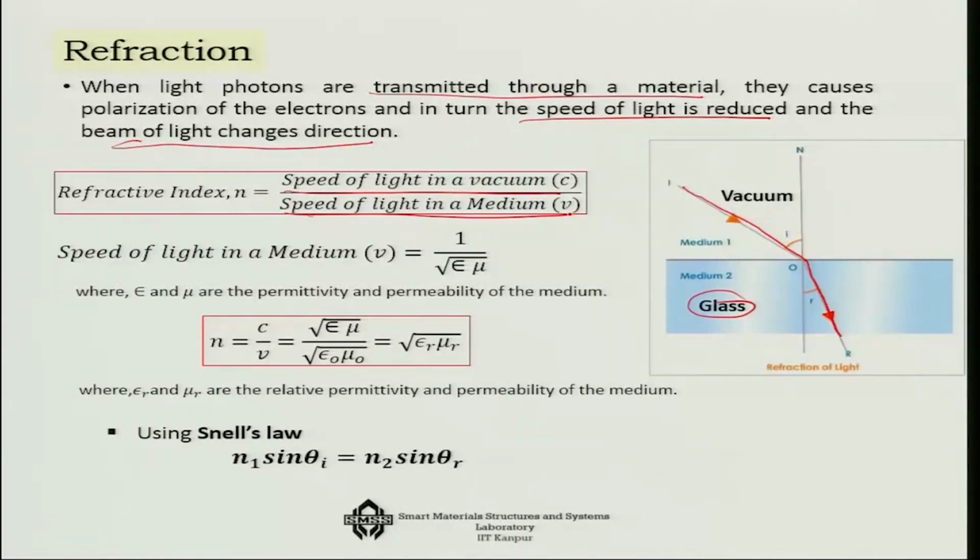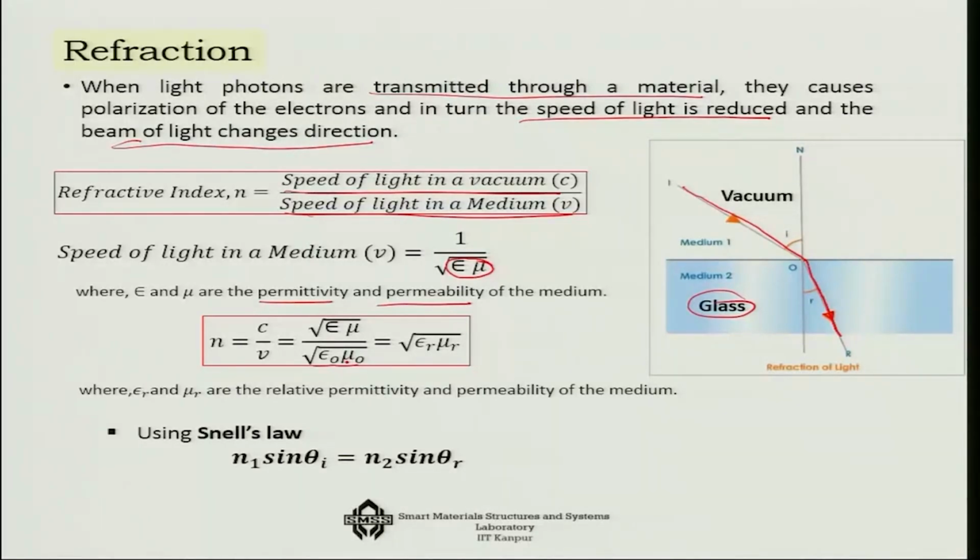Now, for any medium, what will be the speed of light? Well, for any electromagnetic system, I already told you that it is 1 over square root of epsilon mu, where epsilon is the permittivity and mu is the permeability of the medium. So, if I want to calculate n as C over V, then it is simply square root of epsilon mu over square root of epsilon 0 mu 0.